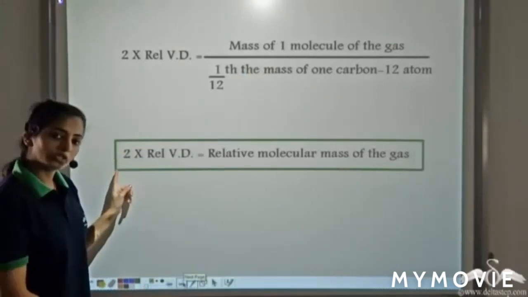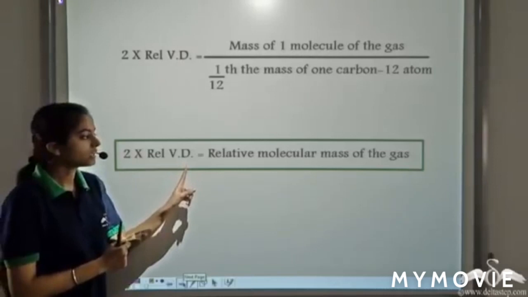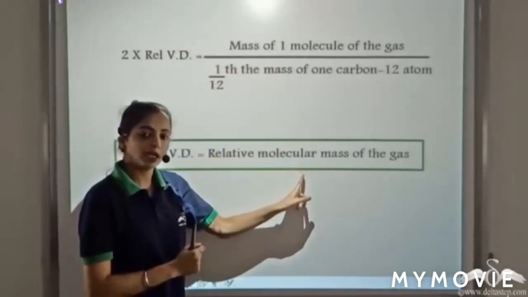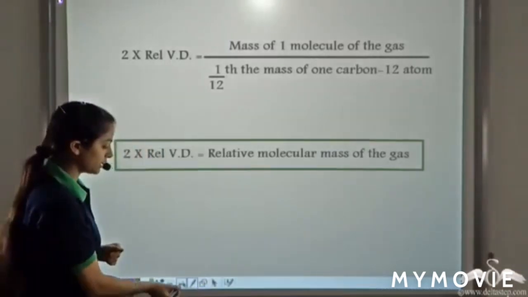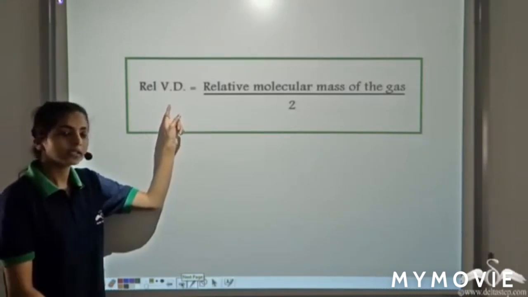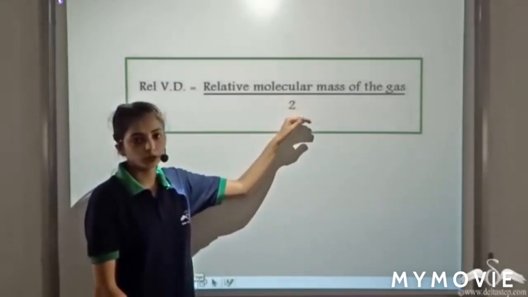This is an important relation: 2 times the relative vapor density is equal to the relative molecular mass of any gas. And so from this we get that the relative vapor density of any gas is equal to the relative molecular mass of the gas divided by 2.